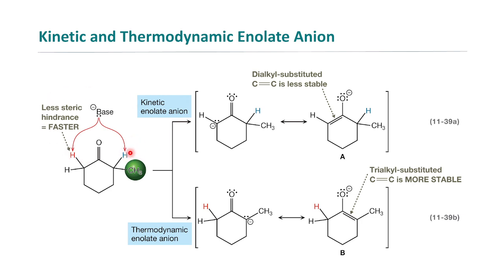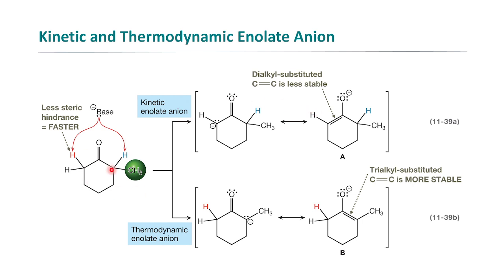This one right here is a slower reaction because it's harder to get in there. So when we used a big bulky base, we ended up having this have a lot more steric hindrance over here, less steric hindrance over here. And then we used a base in that case that the energy differences were large enough that you end up with an irreversible reaction. And so we had a kinetic enolate anion and a kinetically controlled product.